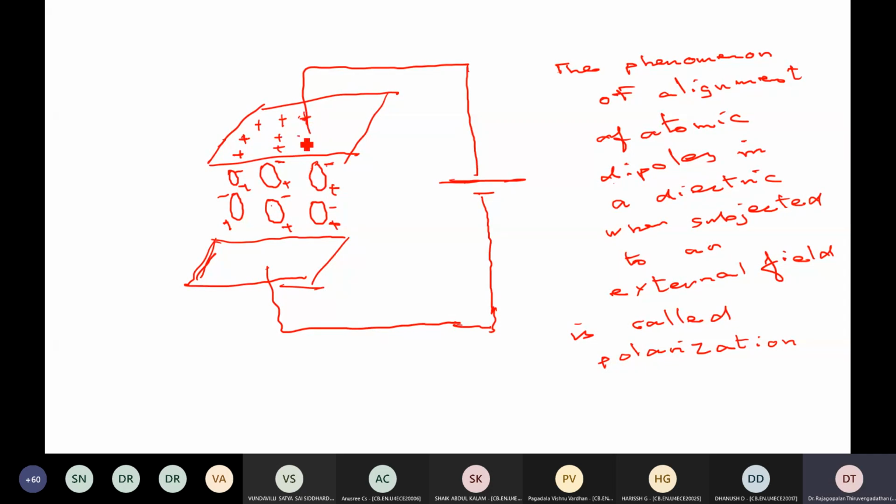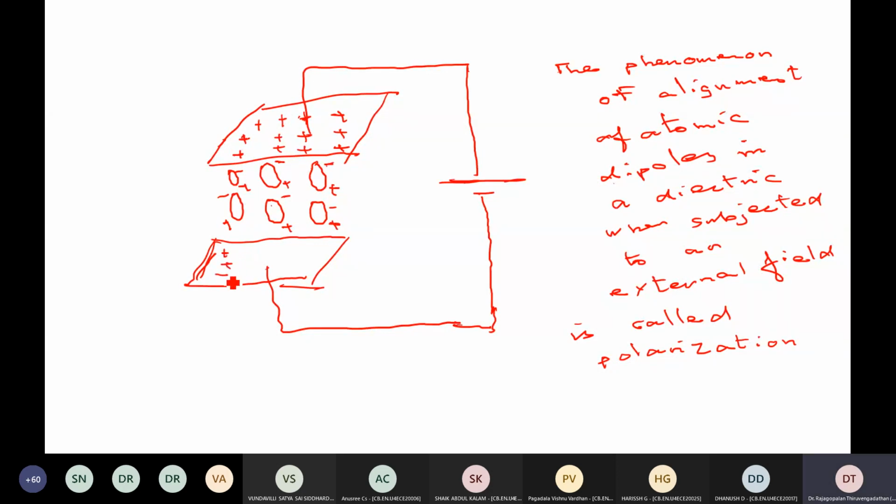So this is the atomic picture of how a capacitor holds a charge. I said a capacitor stores electrostatic energy. In other words, the electrostatic energy stored on the plates of the capacitor is nothing but the charge accumulated on the plates.